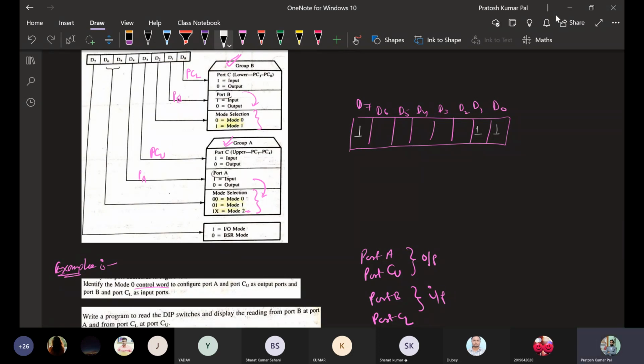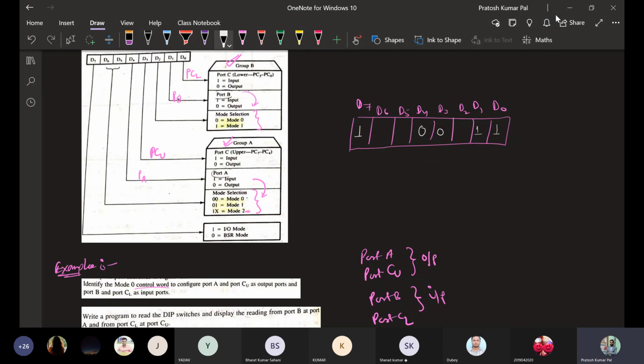Next one is the D3 bit. The D3 bit is PC upper. PC upper is working in output mode, which means it should be 0. So the D3 bit should be 0. Similarly, port A is working in output mode, so it should be 0. And now we need to select the mode.